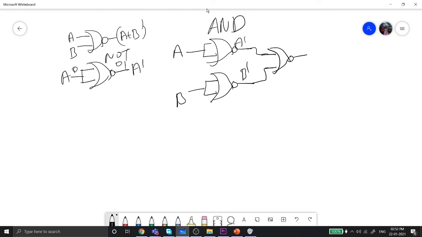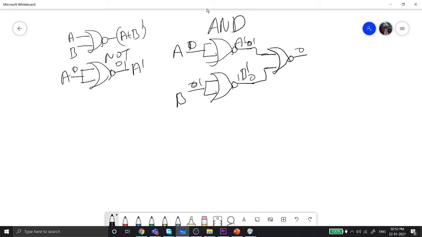Here it will be A dash. If we provide 1 here, here it will be 0. If we provide 0 here, here it will be 1. So here the output will be 0. If you provide 0 here and 1 here, the inverse thing will happen. Here 1, here 0, so the output is 0.